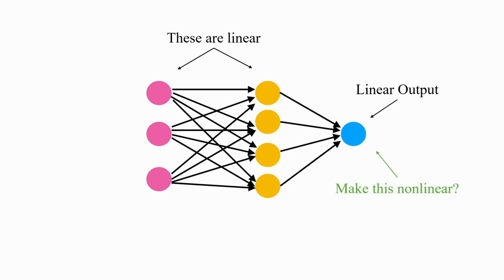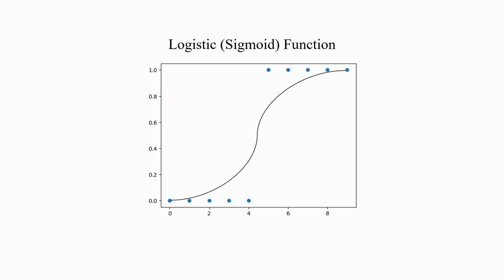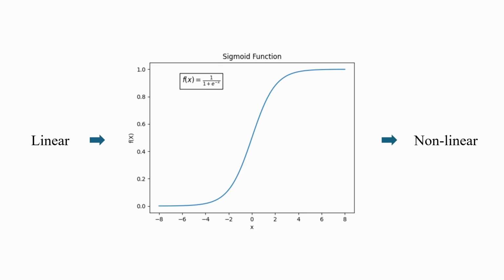In order to express non-linearity like the logistic regression curve, we have to introduce activation functions. Similar to how we are able to get an S-shaped non-linear regression with the logistic function, we can use an activation function to do something similar to the linear output of the neural network. The sigmoid activation function takes a linear output and maps it to a value between 0 and 1.